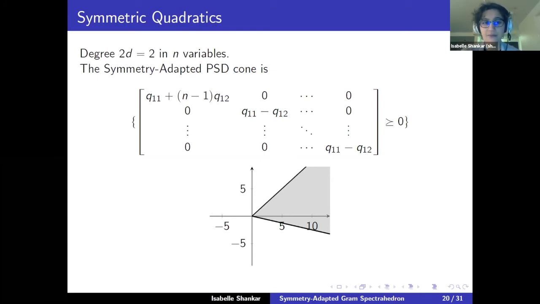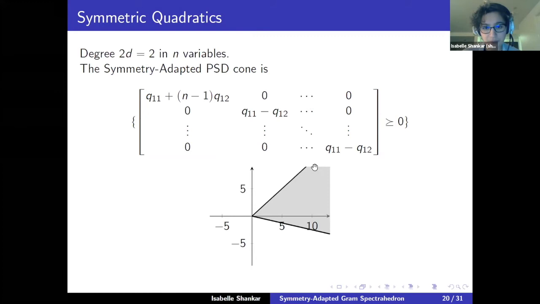Interestingly, the way this works out is that any symmetric quadratic that you give me will correspond to exactly 1 point on the plane. So either the symmetry adapted Gram spectrahedron is empty if it's outside of this cone, or it's a point inside of the cone, right? So every point corresponds to exactly 1 symmetric quadratic.